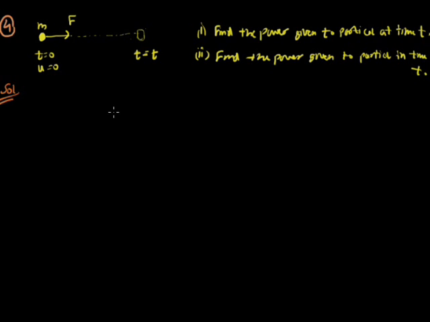So these are the two parts. First of all, you need to find the power given to the particle at time t, and in the second part you need to find the total power given to the particle in total time t.